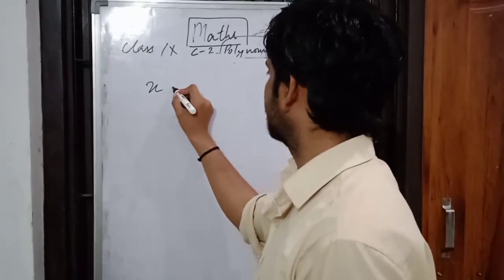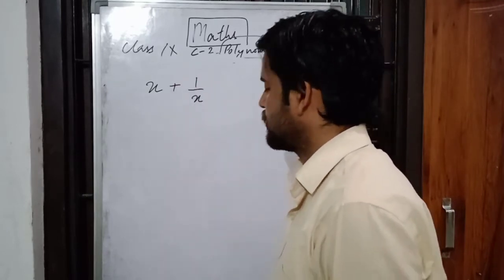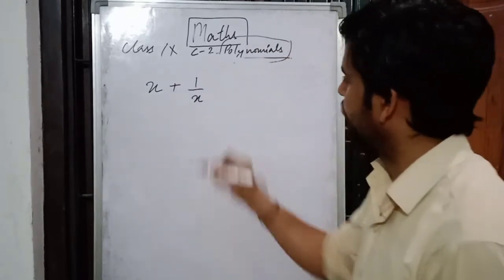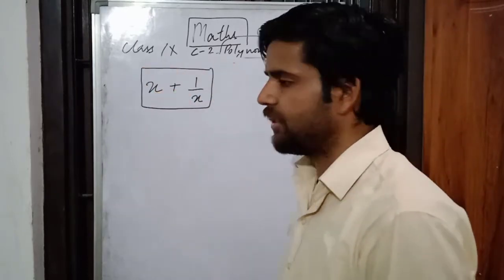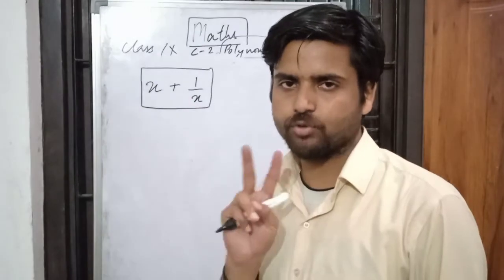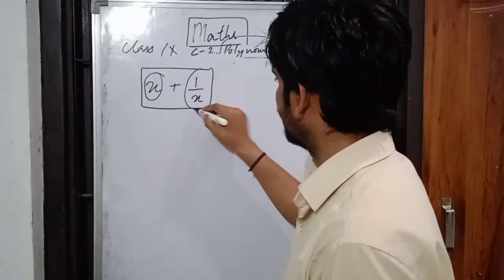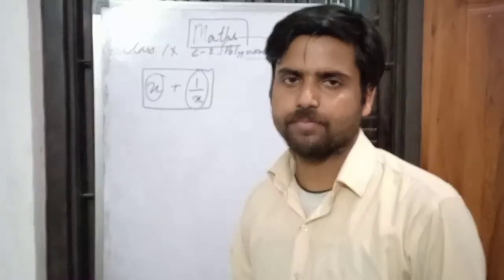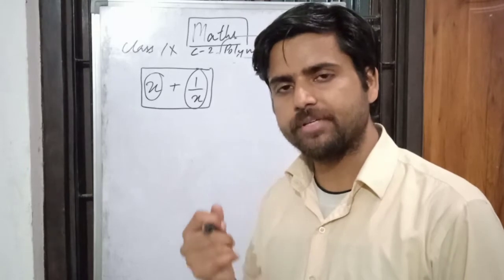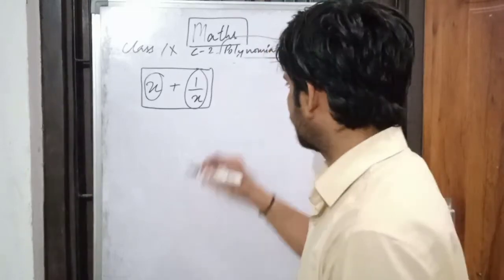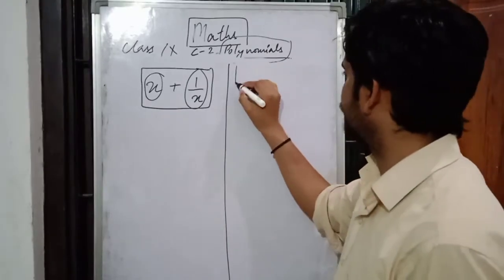I'm giving you one expression, you will tell me whether it's a polynomial or not. Let's say x plus 1 by x. First of all you have to tell me how many terms are there in this expression. 2 terms. One is x and the next is 1 upon x. Now you have to tell me whether this expression is a polynomial or not. What is the condition that I have told you?